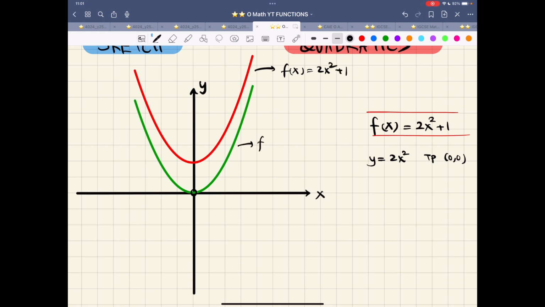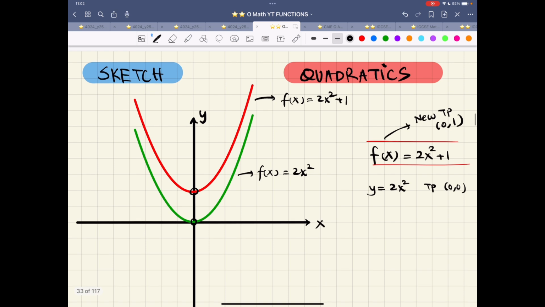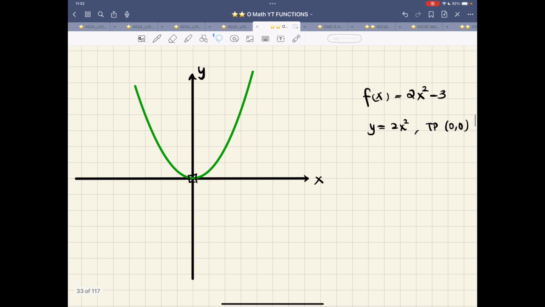This is f(x) equals 2x squared. What happens to the turning point? The new turning point has been increased by 1 in the y direction. That is 0, 1. Similarly, let me copy this, and now it is 2x squared minus 3.